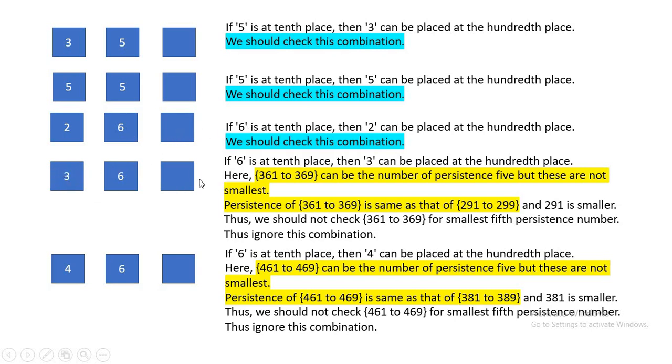360 to 369, the persistence of this is the same as the persistence of 291 to 299, and that is smaller than this combination. So we need not check this combination. Instead we should check 291 to 299. Similarly 461 to 469 is similar to 381 to 389, so we will check 381 to 389, not 461 to 469.